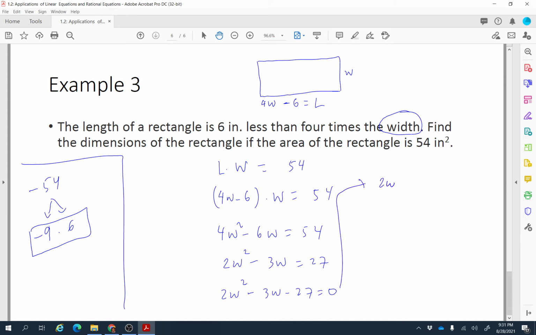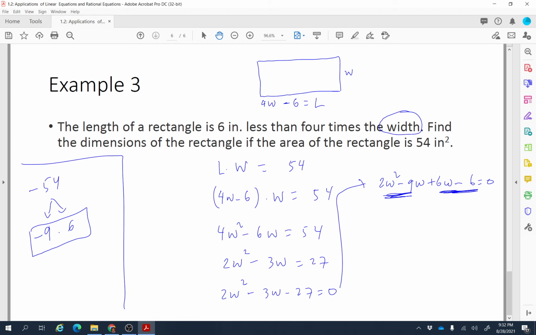So 2w squared. If you don't like this factoring method, then you can always use the quadratic formula. But I'm using the factoring method to give you variety here. So now I split this 3w into negative 9w plus 6w, and I'm just going to use factoring by grouping.